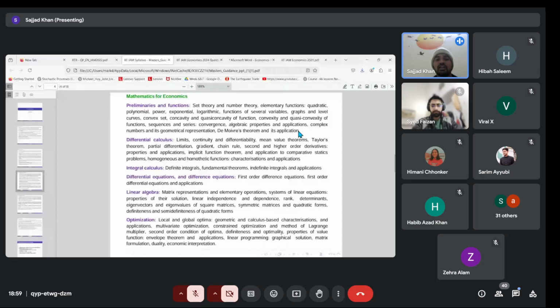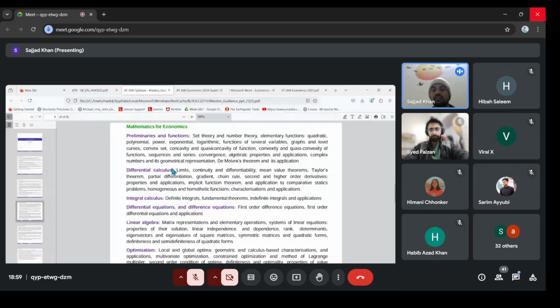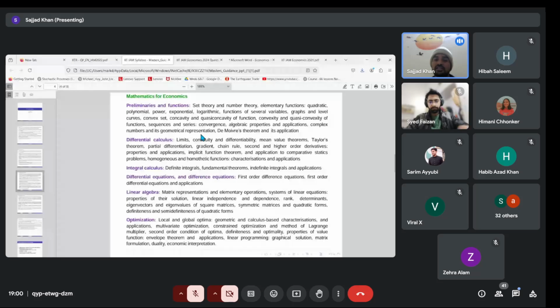So in differential calculus, limit, continuity and differentiability are most important in this sector. But the level of limit, continuity and differentiability will be higher than what we studied in 12th class and graduation level.